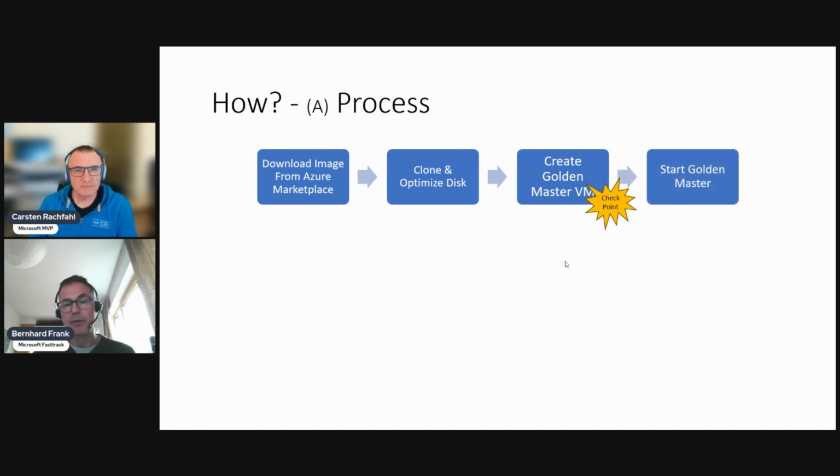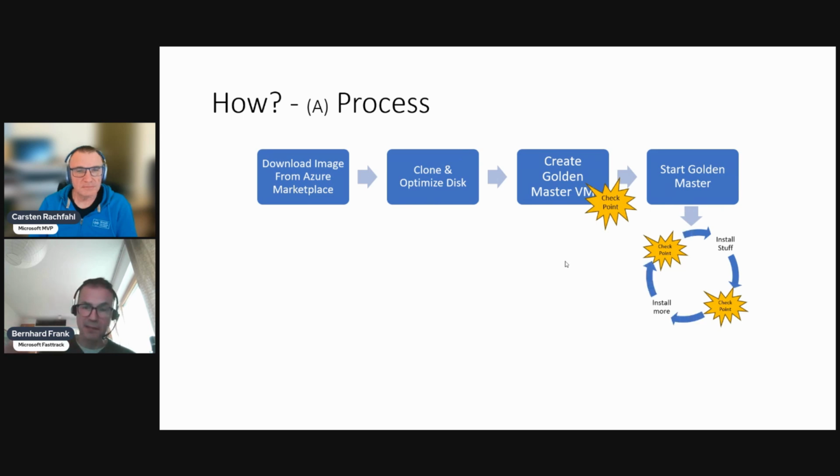So then we'll boot it up, and then the installation cycle starts, right? When you install some stuff, maybe you are happy with it and you want to keep that state, then you do a checkpoint, or you end up installing more stuff, and then you probably end up doing another checkpoint, right?